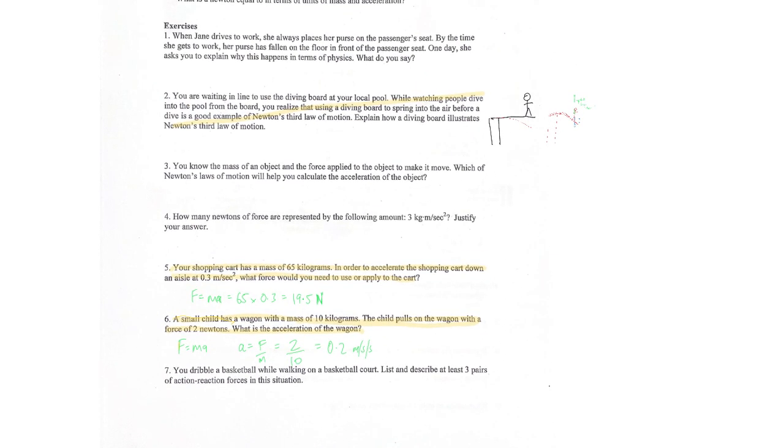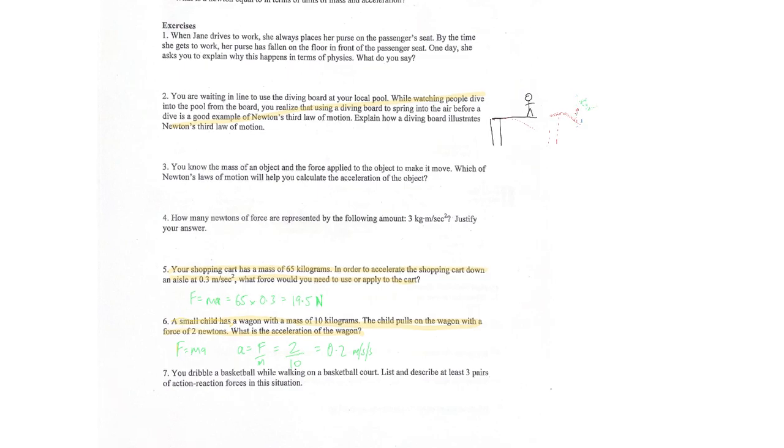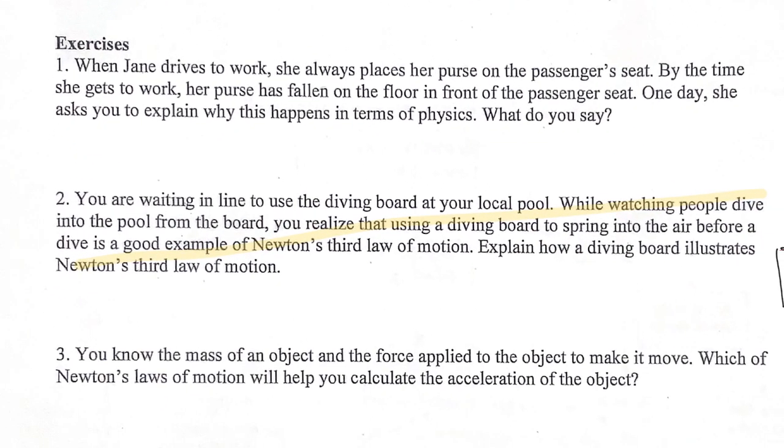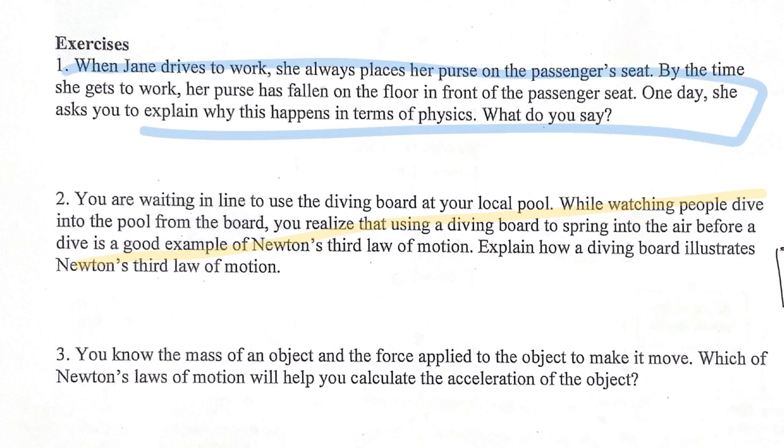Let's go look at the next page. Going back one page. Jane drives to work. When Jane drives to work, she always places her purse on the passenger seat. By the time she gets to work, her purse has fallen on the floor in front of the passenger seat.